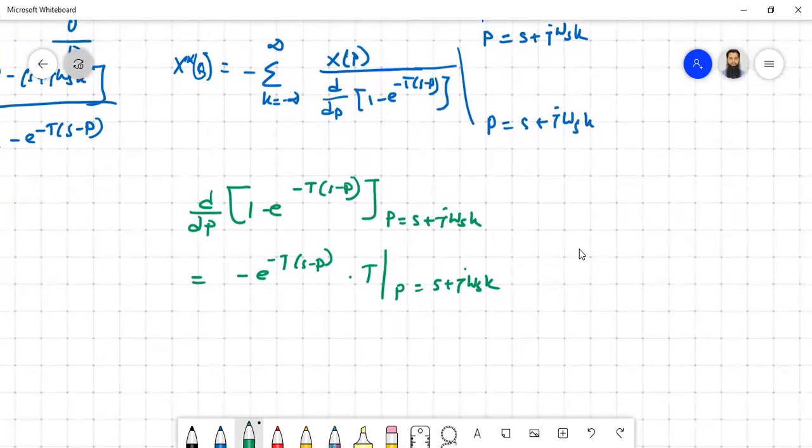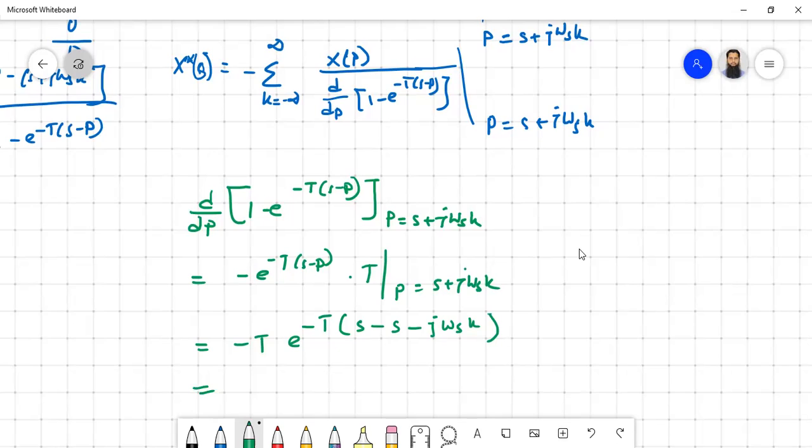So what will it become? Now you have minus t, where p can be replaced by s plus j omega s k. So s minus s minus j omega s k.